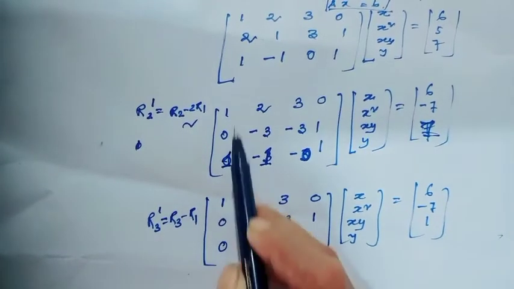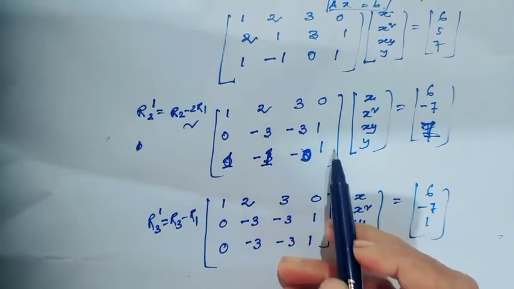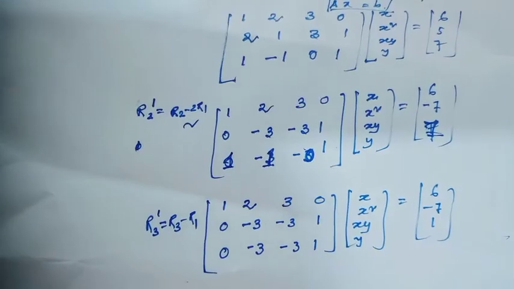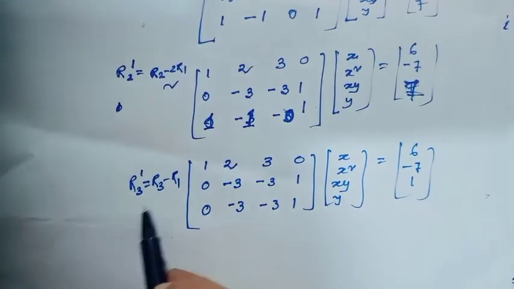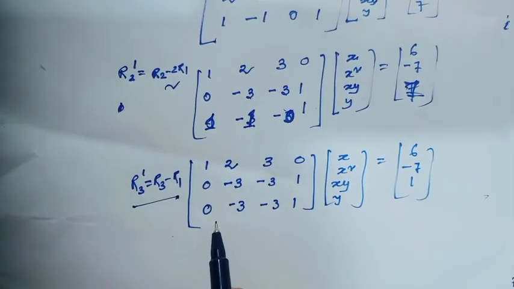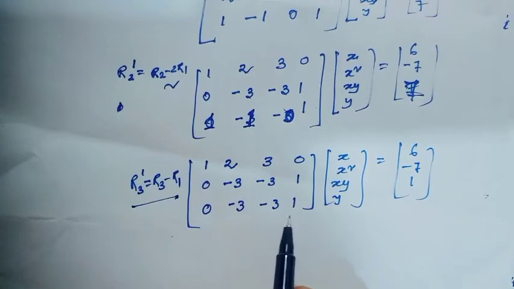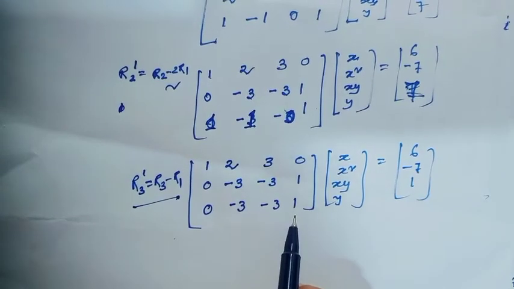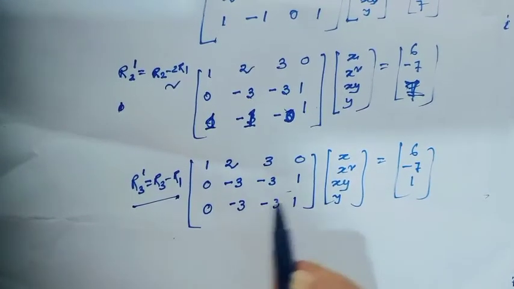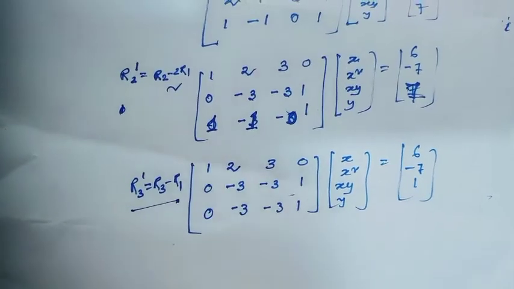Then R3 dash equal to R3 minus R1, then this is equal to 0, minus 3, 1, okay? And notice these two rows are actually identical.